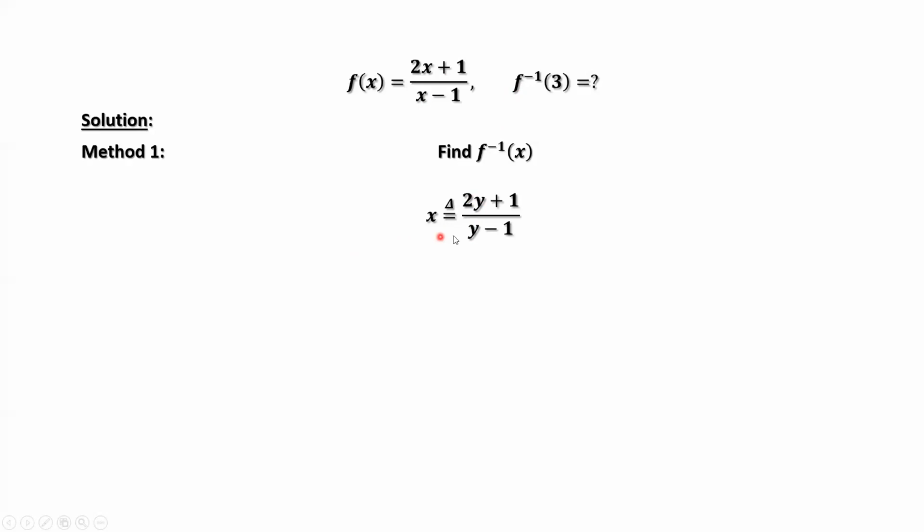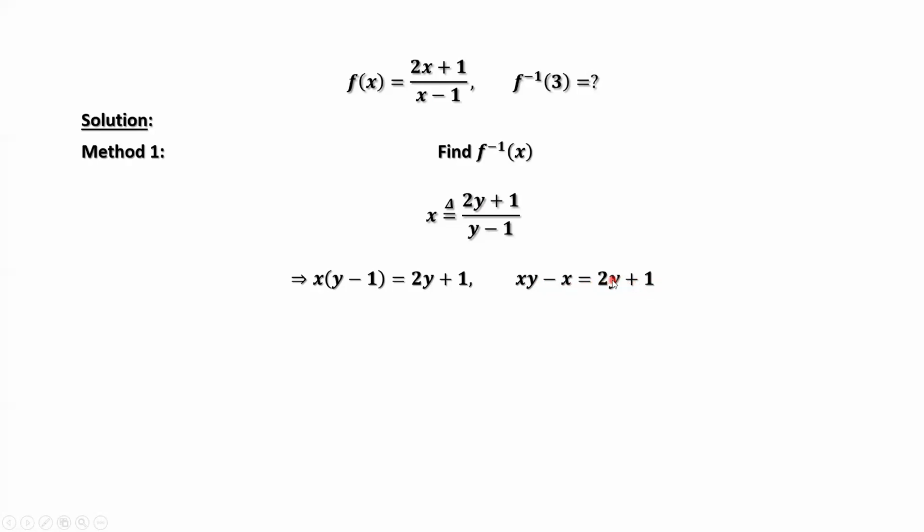Both sides times y minus 1. The right-hand side y minus 1 cancel. Left-hand side we have x times (y minus 1). Simplify, we have xy minus x equals 2y plus 1.